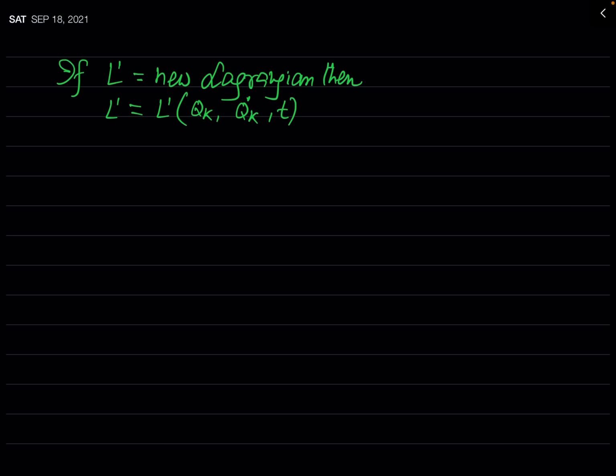Now the Hamiltonian of our system in the old and new coordinate systems you can define, because you already know the definition of the Hamiltonian.